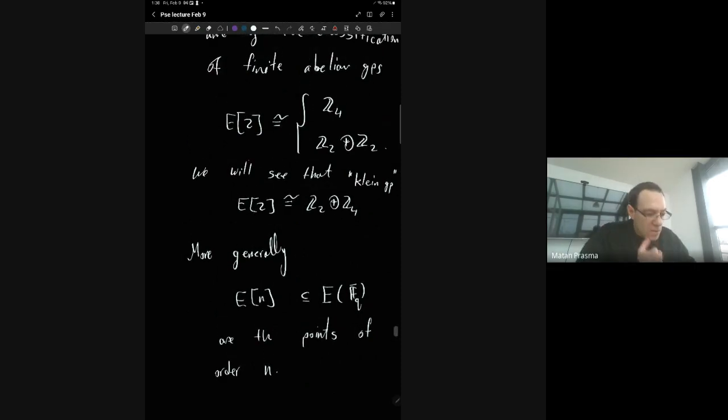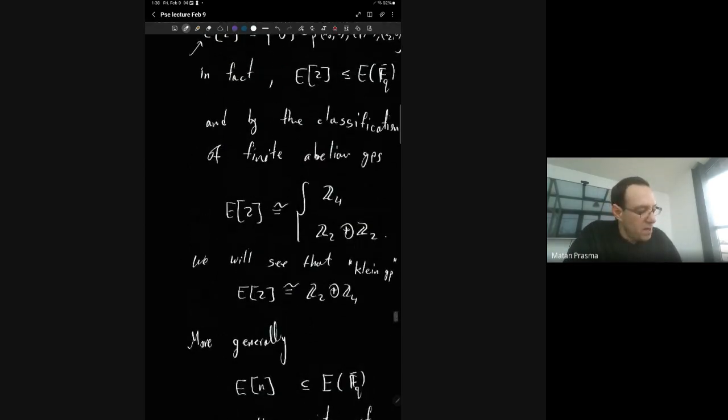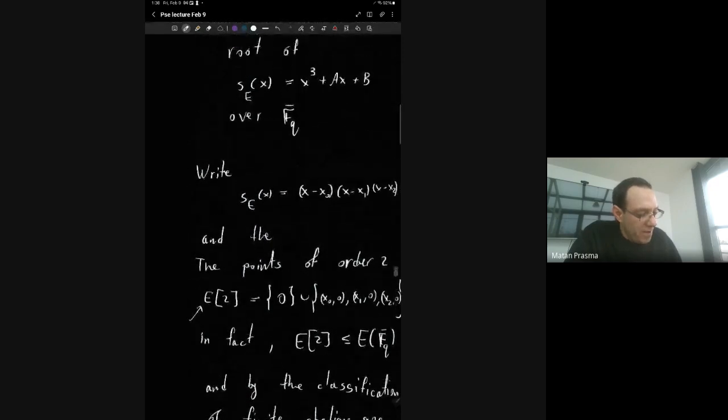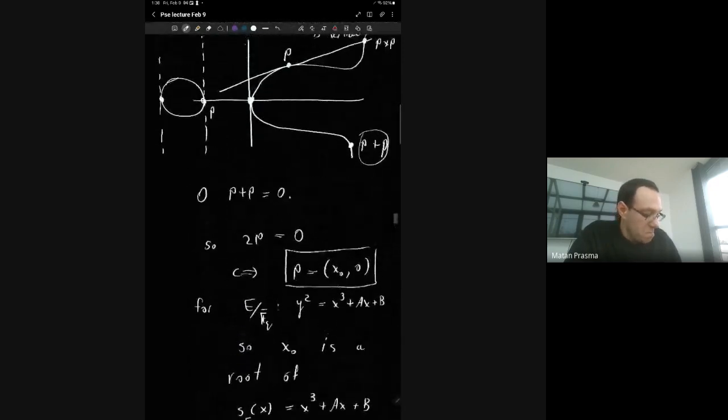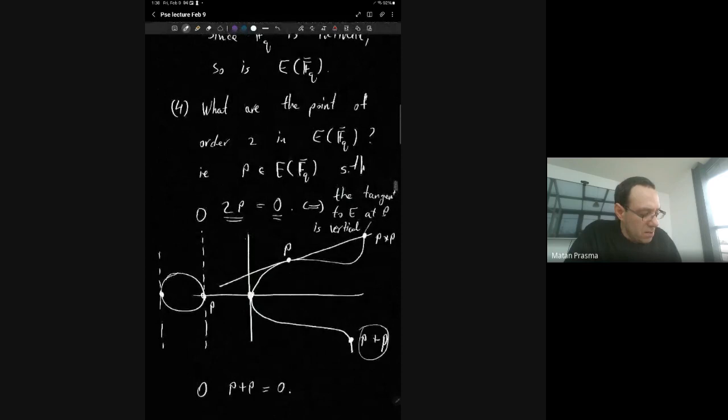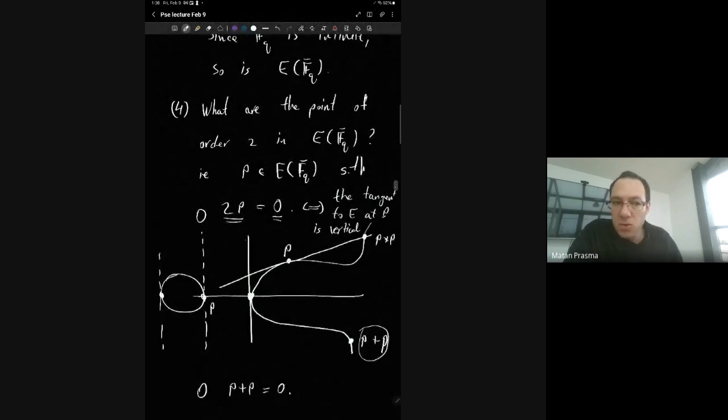Now, note that, of course, I could consider points of order 2 in one of the intermediate finite groups, right? I can always consider the collection of points of order 2 in any abelian group. But in F_q bar, I get the complete picture, right?